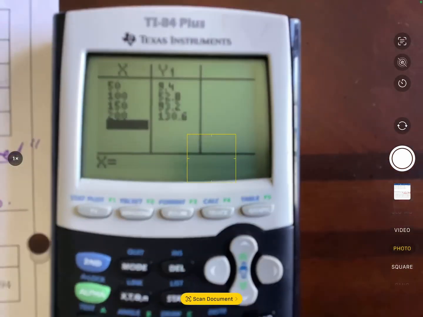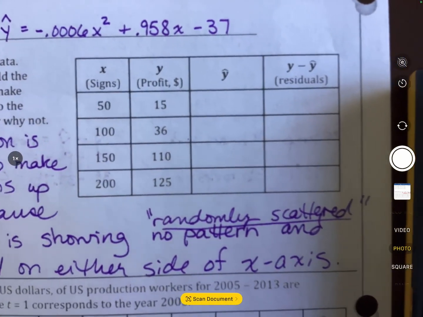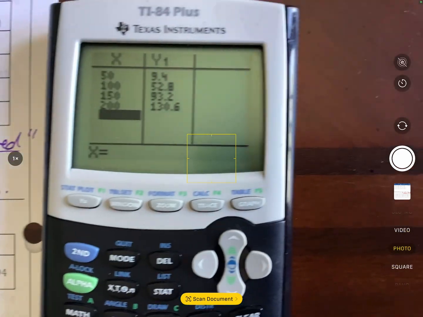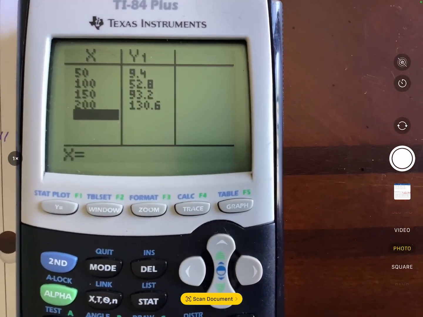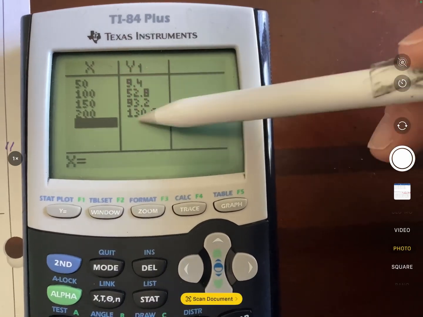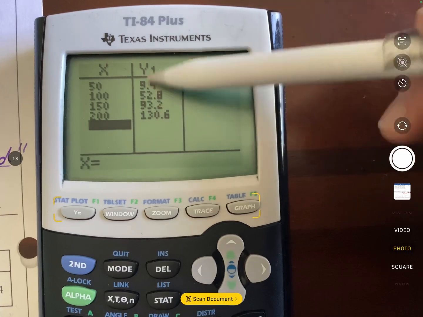All right, so that's what you would put in the y hat column, which just means, y hat is just a statistics symbol for the regression equation, whether it's linear regression, quadratic regression, whatever. So those are your predicted values, right? When we did residuals, predicted values right here.